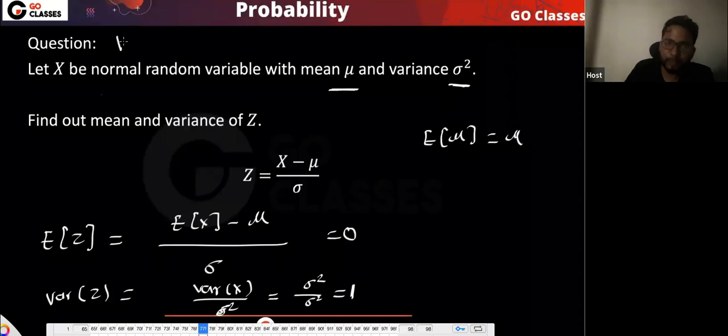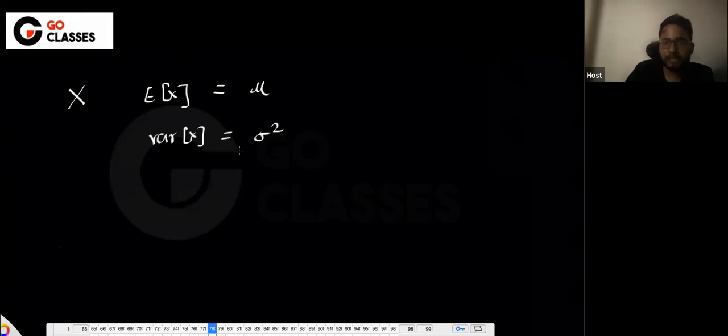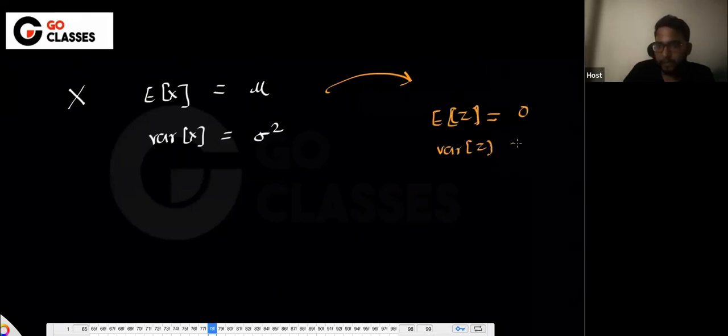So basically this is important. If they give you some random variable X, let's suppose expectation of X is given to be mu and variance of X is given to be sigma square, and then they ask you to tell me a random variable Z such that the expectation of Z is 0 and variance of Z is 1, then you will say that yes, I can do it easily.